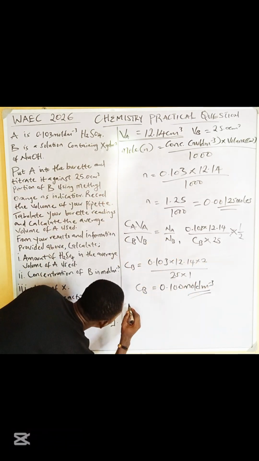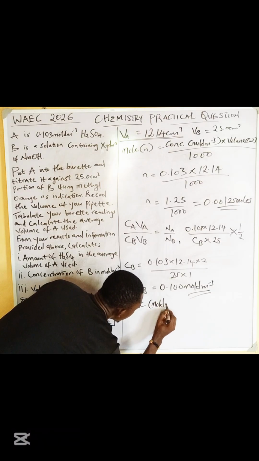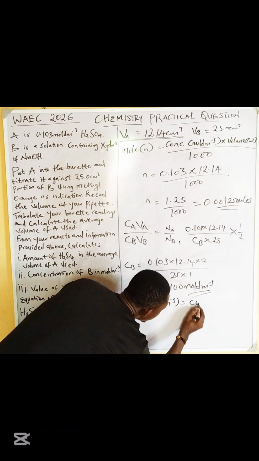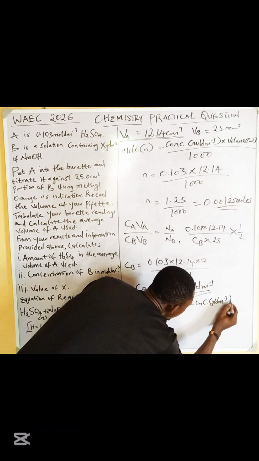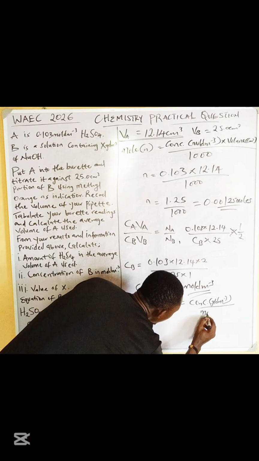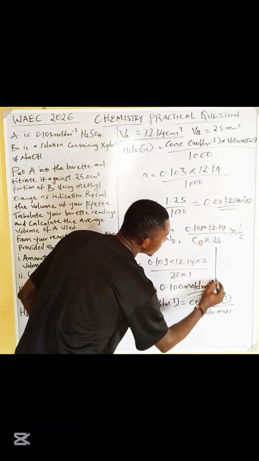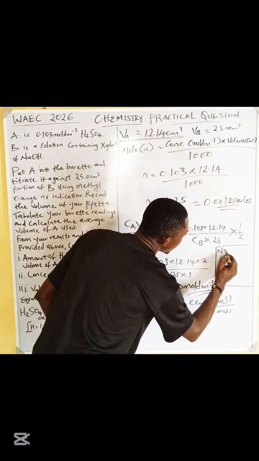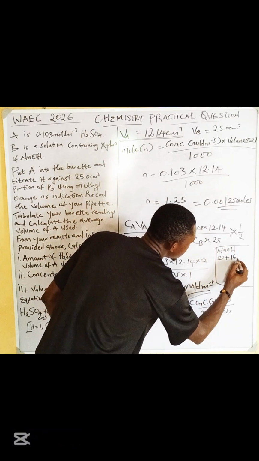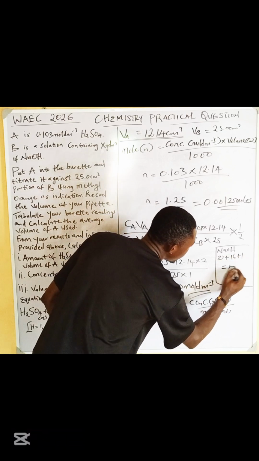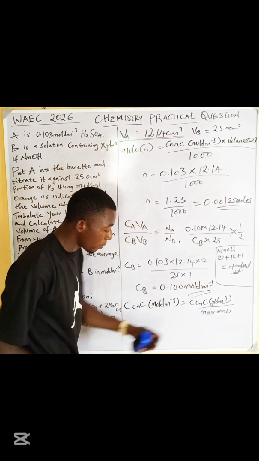Concentration in mole per dm cube equals concentration in gram per dm cube over molar mass. And what is the molar mass for the base? That is for NaOH. Sodium is 23 plus oxygen is 16 plus hydrogen is 1, which gives me 40 gram per mole, which is my molar mass.